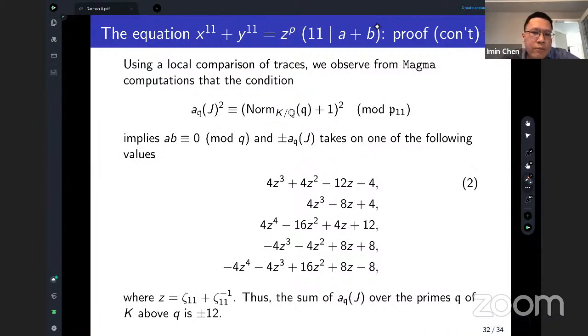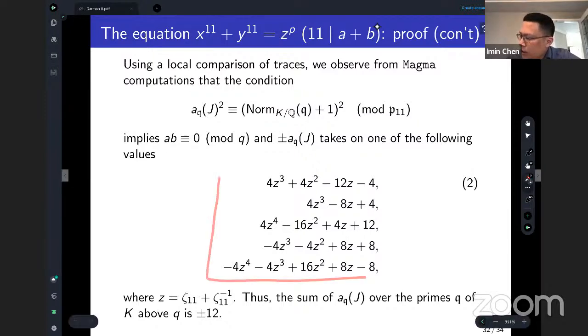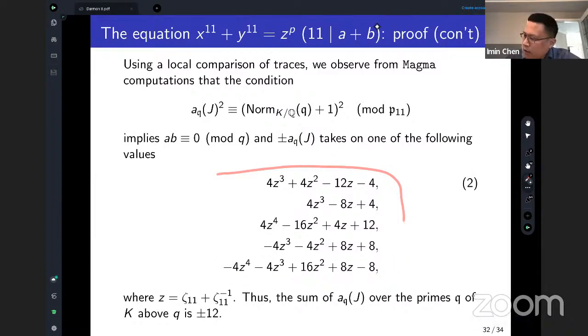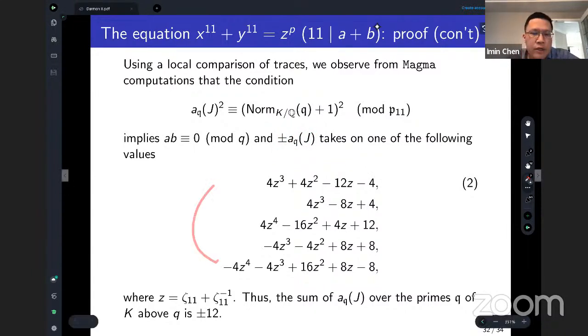And we observe, it's kind of a miracle. When you do the computation, it turns out that the traces of Frobenius take on only the following values up to permutation. And these values for the traces at Q, up to plus or minus, are actually conjugate to each other.